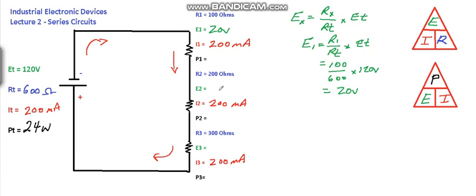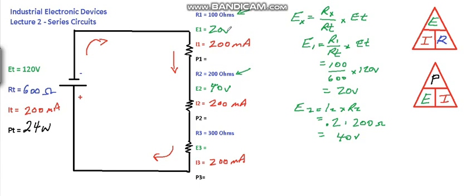Let's use Ohm's law for this one. E2 equals I2 times R2, which is 0.2 of an amp times 200 ohms. 0.2 times 200 gives 40 volts. Notice that we've got 100 ohms here, the current's the same, and 200 ohms here with double the voltage.